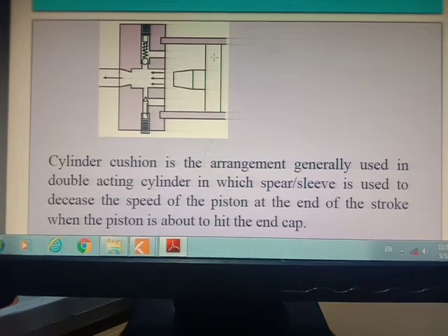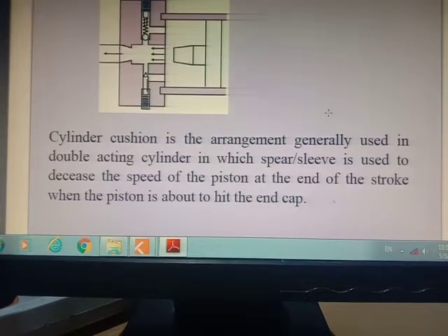You can see this part is known as the piston, and at the end of the piston, this is generally used in the double acting cylinder, and in this case one sleeve is used. You can see at the piston one sleeve is attached. This is the spear or the sleeve, and the same cavity is made here in the cylinder end plate. So here is the cavity.